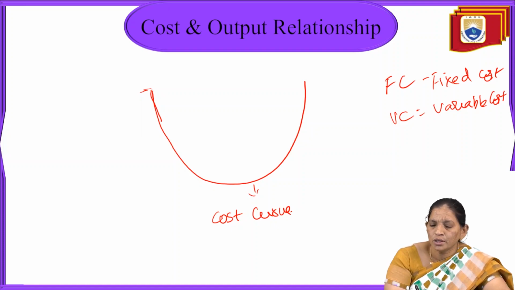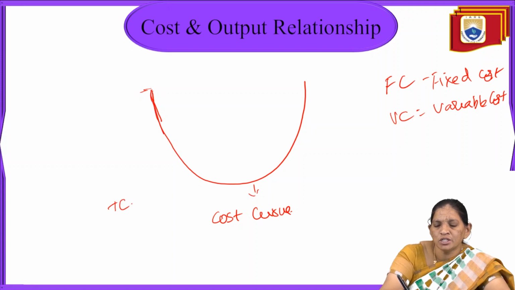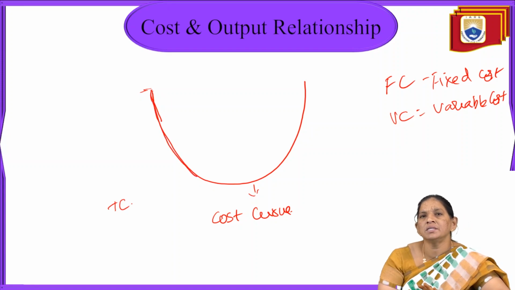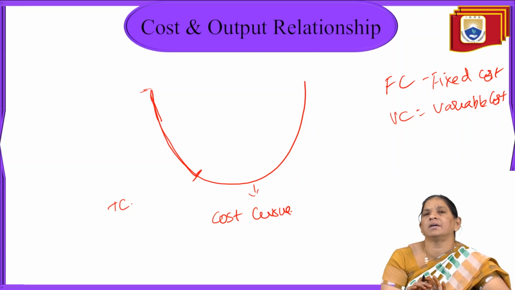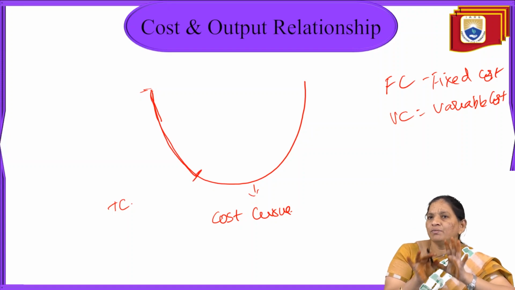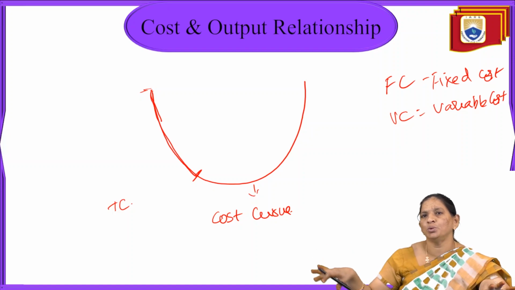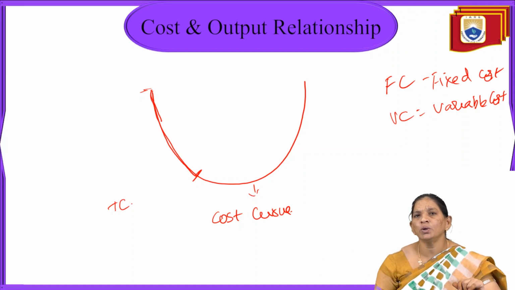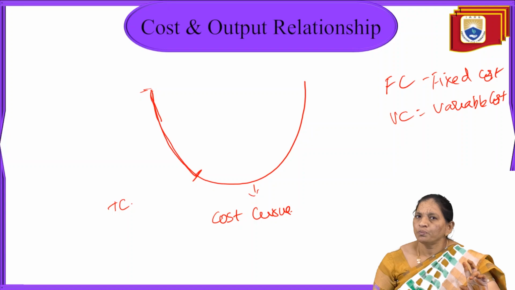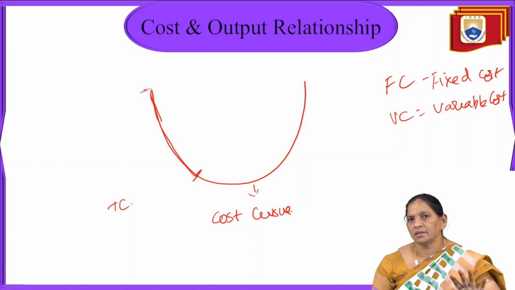So as total production increases, the total cost will decrease due to utilization of the fixed cost, up to a certain level. For example, if I take a room for production, the rent may be 5,000 rupees per month.